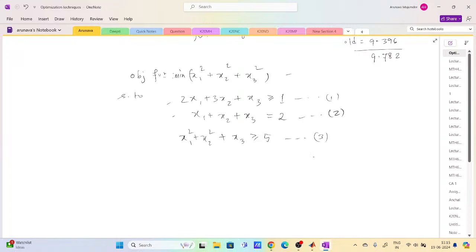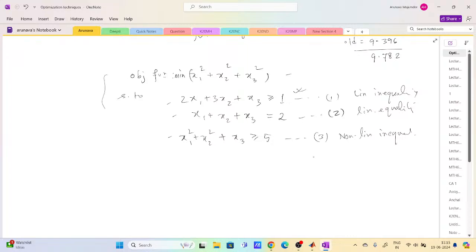So three constraints are there. The first constraint is an inequality constraint, but linear inequality. The second constraint is a linear equality constraint, and the third constraint is a nonlinear inequality.